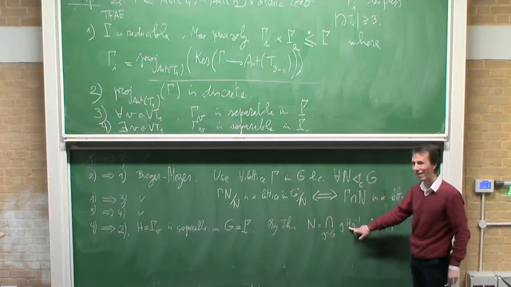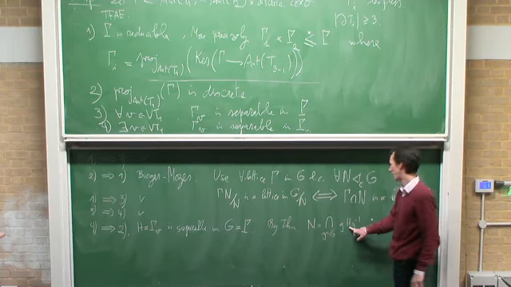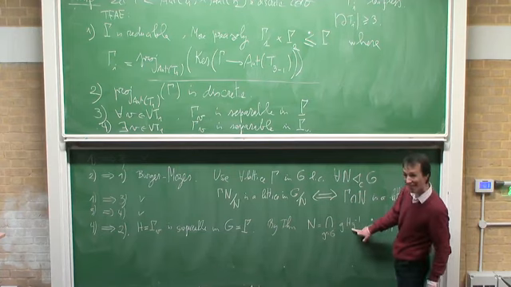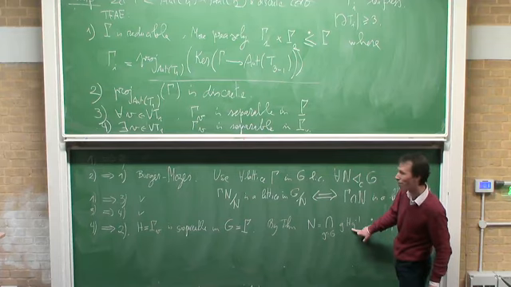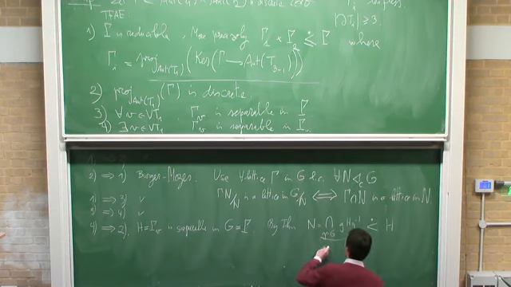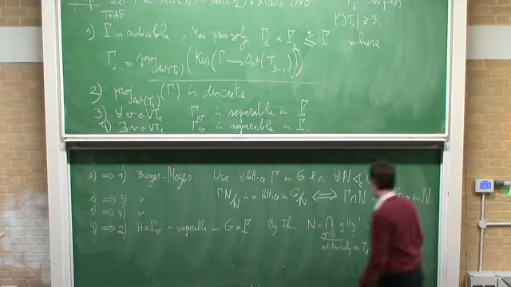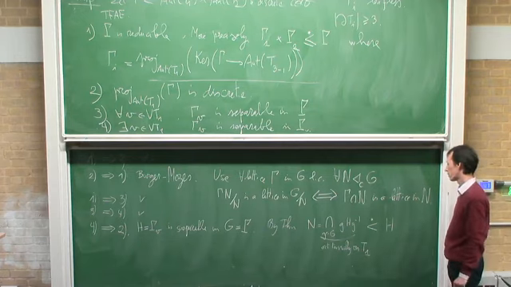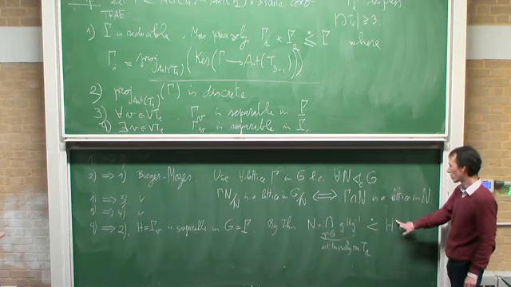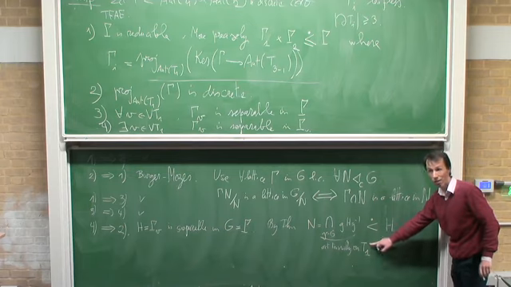Okay? But now, what is this guy? It's a normal subgroup which fixes vertices. It fixes an orbit of vertices on the first tree, right? So it must act trivially on T1. Okay? So the stabilizer of a vertex has a finite index subgroup which acts trivially on that tree.